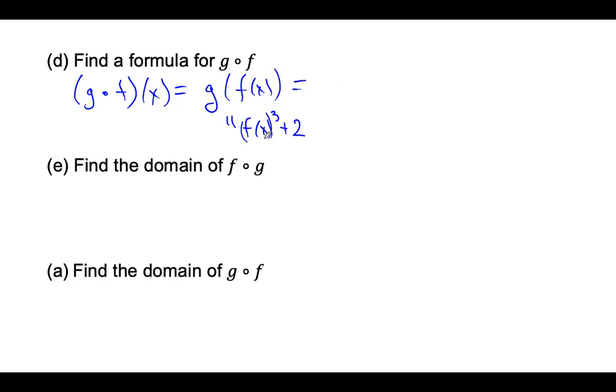So F of X was equal to 2 divided by X minus 3, but this whole thing is cubed, and then plus 2.